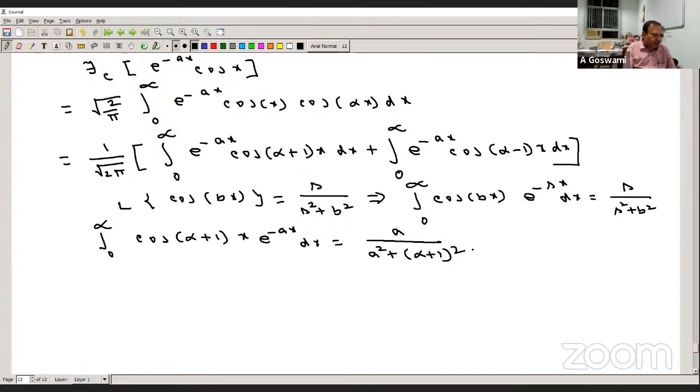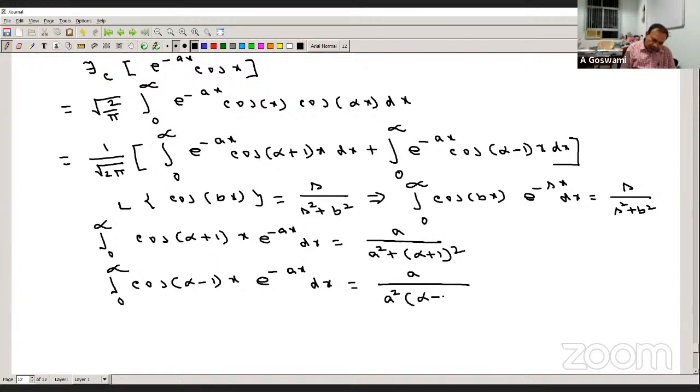Using the formula, very easily you can write this down. Similarly, the integral from 0 to infinity of cos of (alpha minus 1)x into e to the power minus ax dx equals a by a square plus, there it was alpha plus 1, here it will be (alpha minus 1) whole square. Substitute the values of these two integrals and you will obtain the Fourier cosine transform of e to the power minus ax cos x.